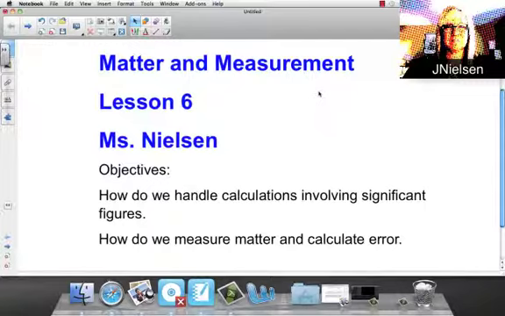In our last lesson, we were talking about how we determine the number of significant figures in a value. And we used the Atlantic and Pacific rule, and we also used just standard rules. Today we are going to learn how to handle calculations involving significant figures, specifically adding and subtracting, multiplying, dividing, and we are going to talk about how we measure matter and calculate error.